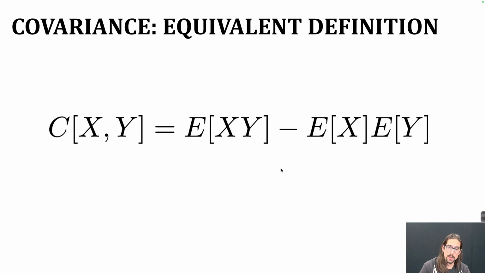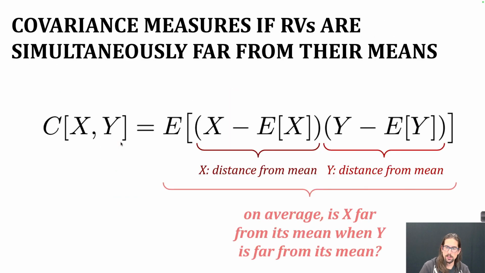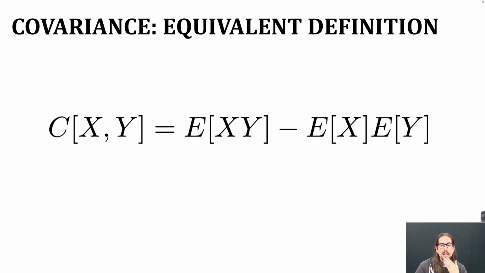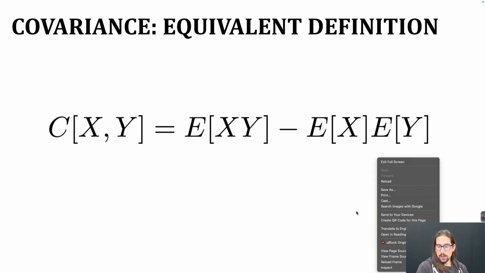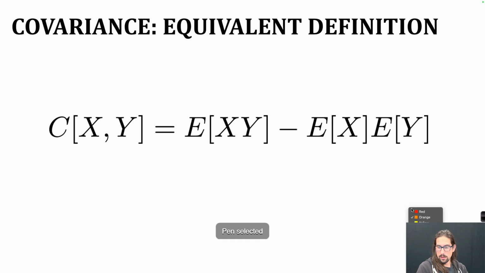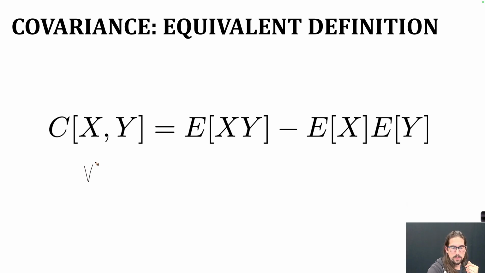There's also this equivalent definition of covariance, which, again, starting from here, you can get by the same kind of algebra, just multiply stuff together, use linearity of expectation, and so on. And you will get to this definition, which looks a lot like the equivalent definition for variance, right? Which was the variance of x is equal to the expected value of x squared, but what's x squared?